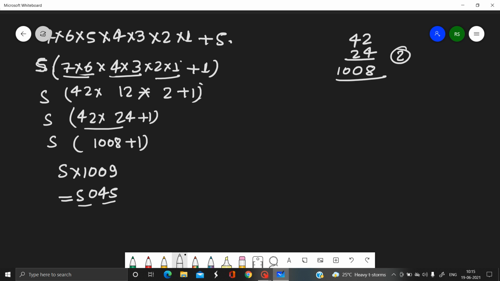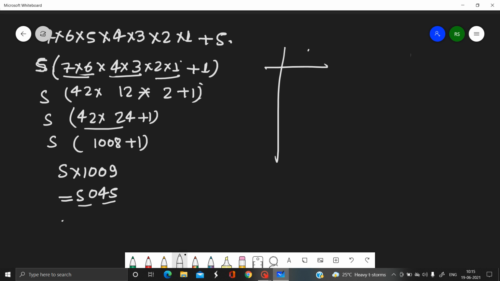When we do prime factorization of this number, let's see what the prime factorization is. When we do prime factorization of 5045, it's not divisible by 3, so we'll go with 5. 5 ones are 5, 0, 5 nines are 45.